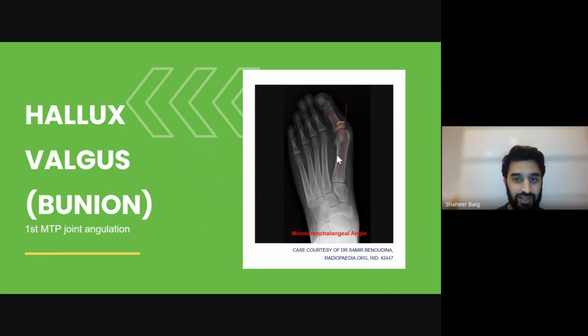These bunions can become quite severe and cause disruption of the remaining toe metatarsophalangeal joints in severe cases, and that's why these are usually surgically managed by a foot and ankle orthopedic surgeon.